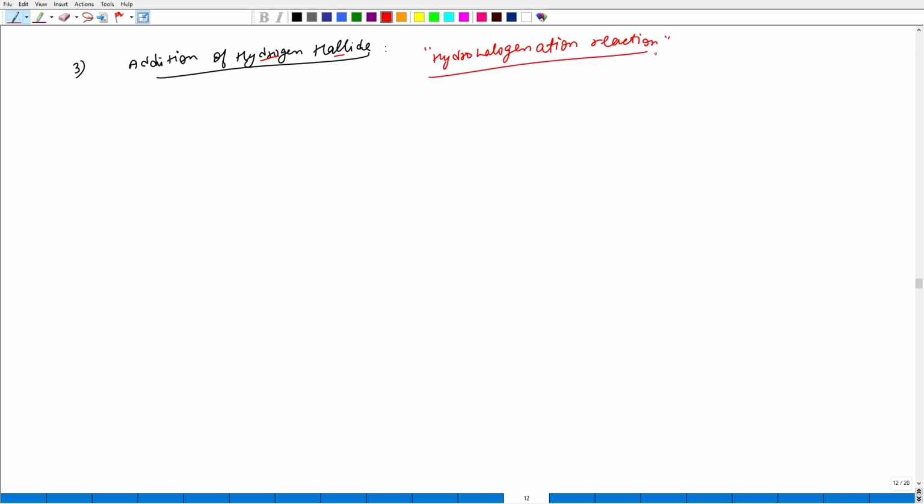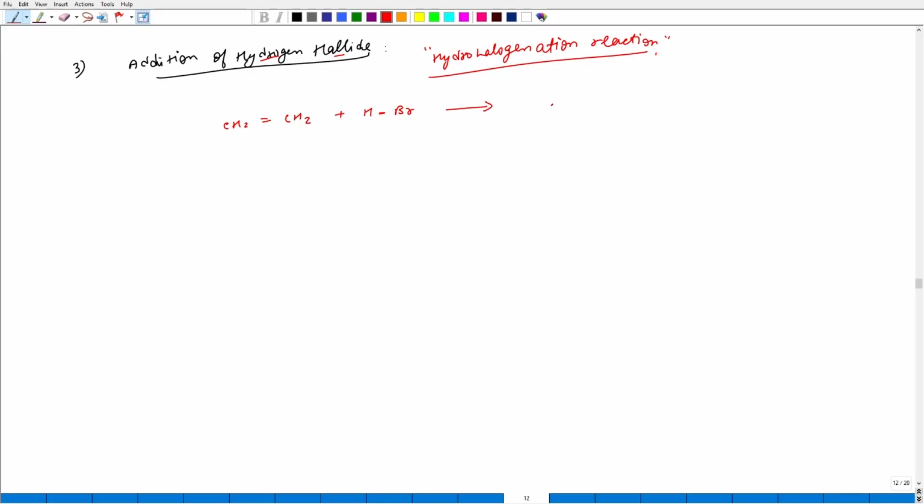What are we talking about? Let us take a simple example of an alkene. A product will be formed. What will be the product? There is a C double bond C. The H will go to one carbon of the alkene, and the bromide, or the halogen we are taking, will go to the other alkene carbon.